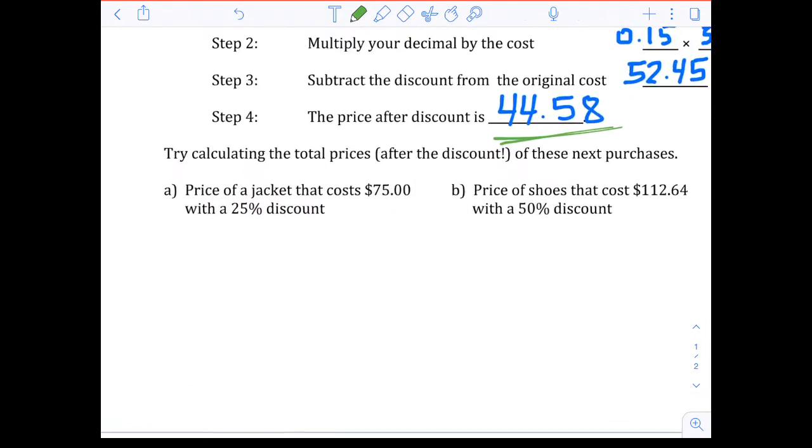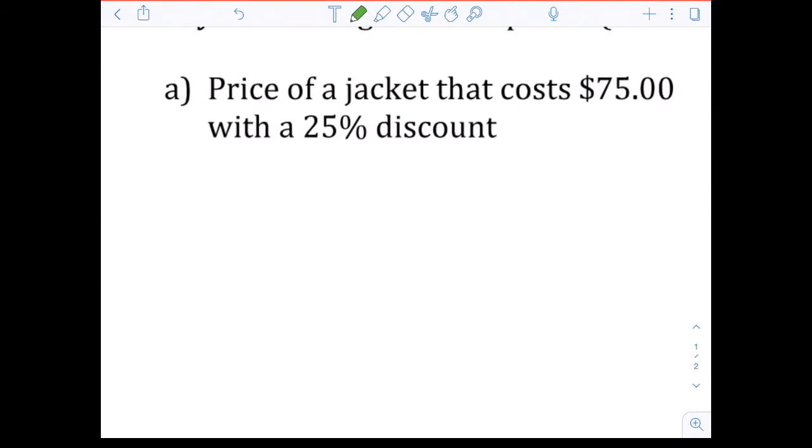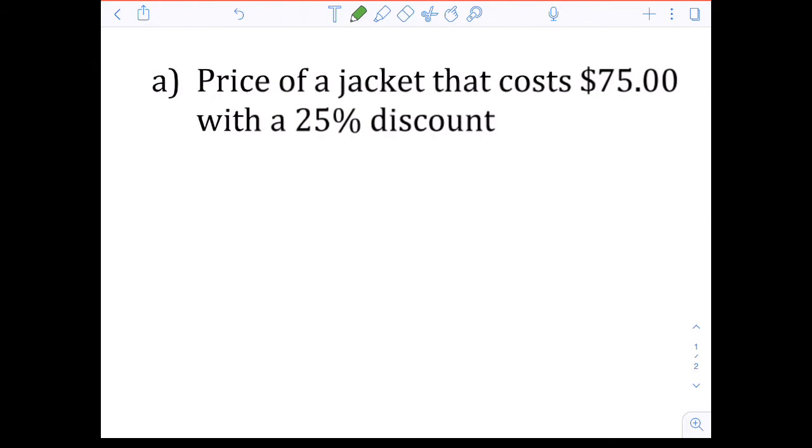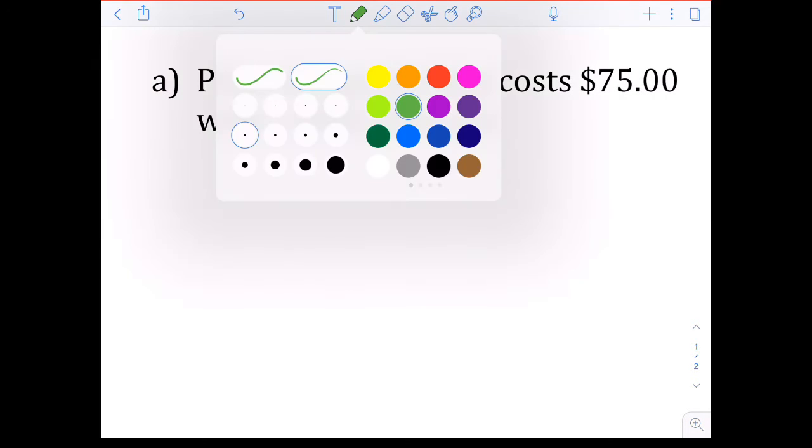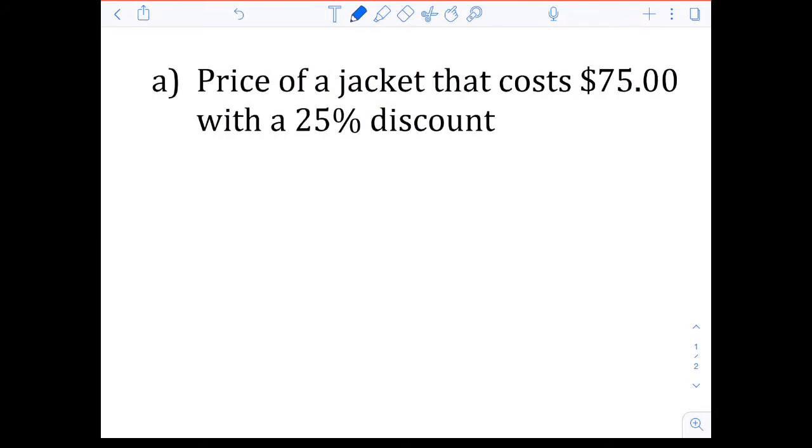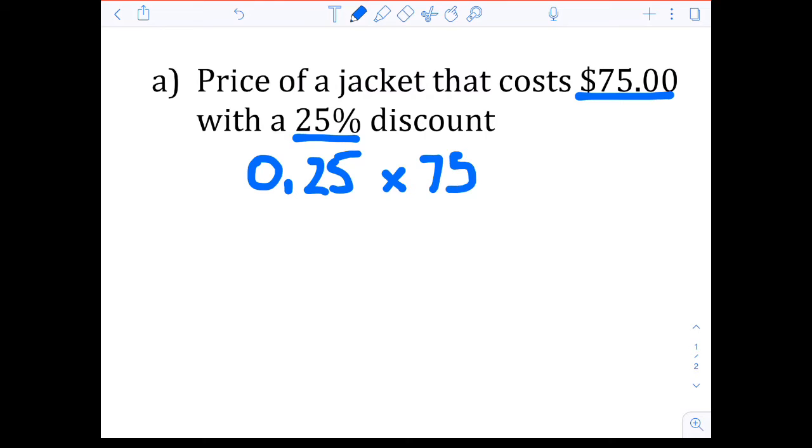So let's do 2 more down here. You can pause it if you want and try on your own, but I'll continue along. So when you hit play, you're ready to go. So the next one says the price of a jacket is $75 with a 25% discount. So you know that 25% discount is 0.25. Multiply that by $75. And that's going to be our savings.